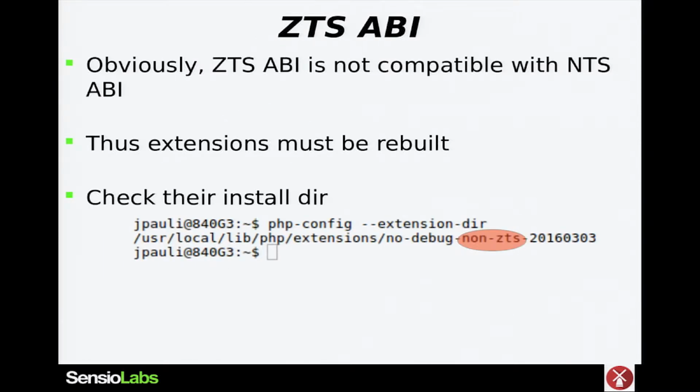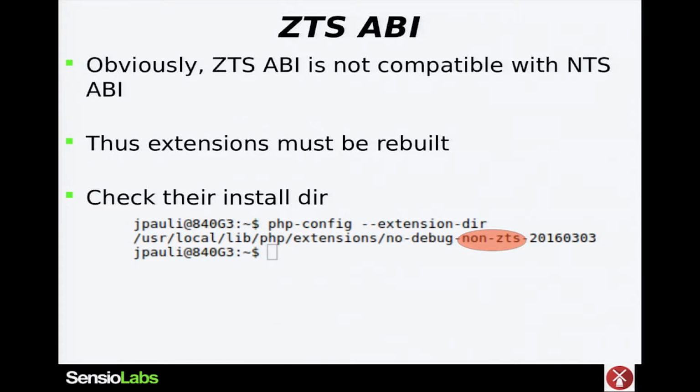The ABI is broken between ZTS and non-ZTS, so when you compile an extension, it goes in a folder which says if that extension is or is not Zend Thread Safe. You build an extension, you're given a .so file, a shared object, and you can't take that extension and put it in a PHP with ZTS.